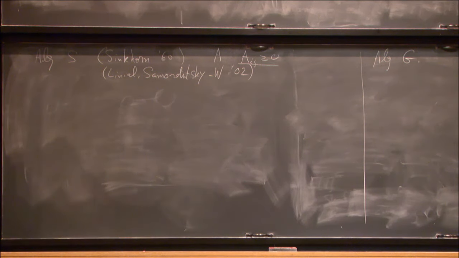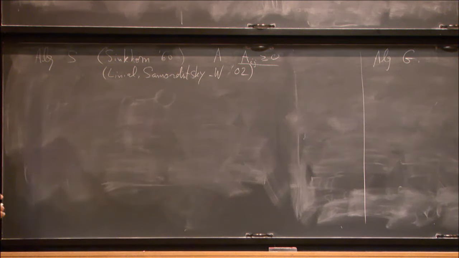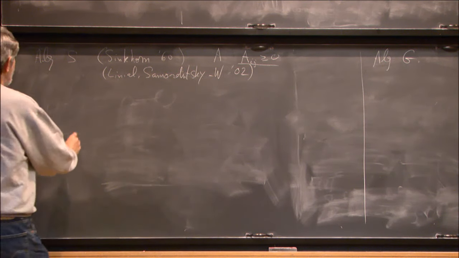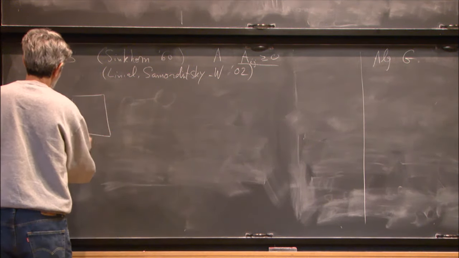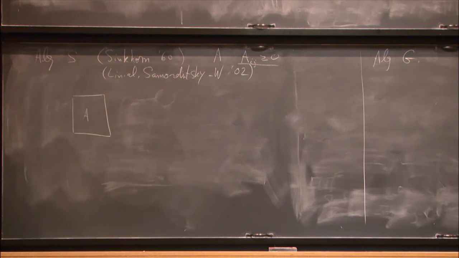So what was Sinkhorn trying to do? He was looking at non-negative matrices like this, and asked whether you can make them doubly stochastic. So you have a non-negative matrix A, and you want to make it doubly stochastic. Now, what are you allowed to do? What you are allowed to do is to pre- and post-multiply it by diagonal matrices.